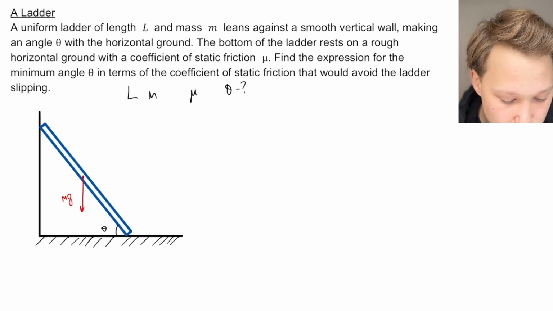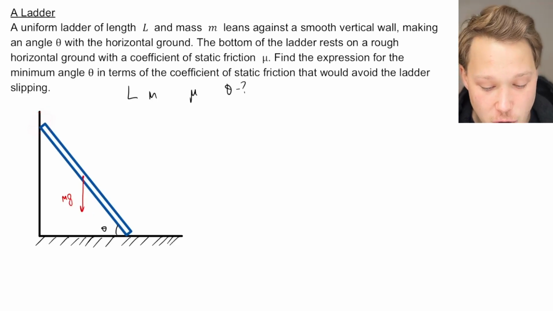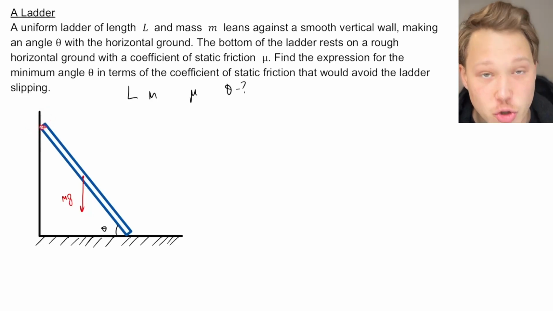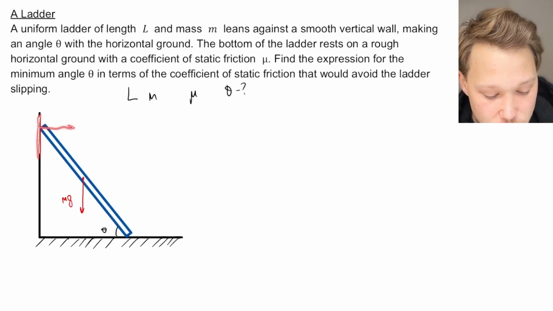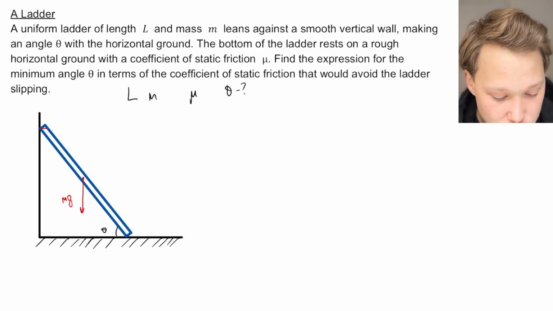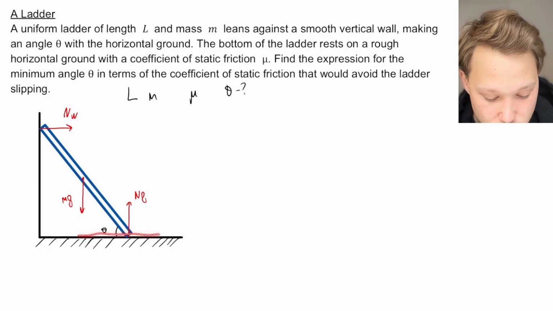Now, it's also in contact with the wall over here, so the wall is pushing it away. Therefore, there's going to be a normal force. Remember that the normal force is always directed at 90 degrees to the surface. So the force from the wall is going to be directed like here. Similarly, the normal force from the ground is going to be directed at 90 degrees to the ground.